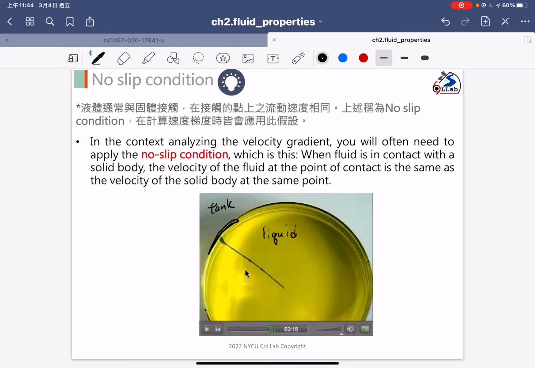The black line showing here is the interface between the tank and the liquid, right? So the no-slip condition means the particle at this point has no relative movement between the tank and the liquid.